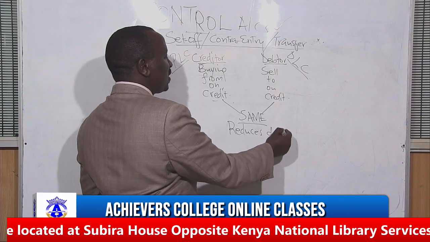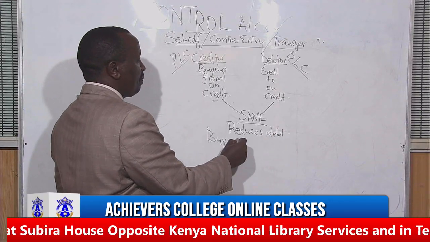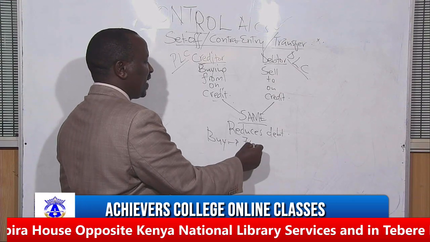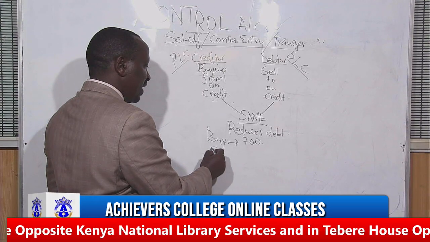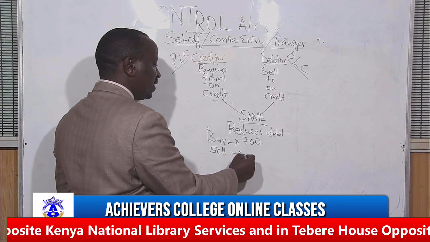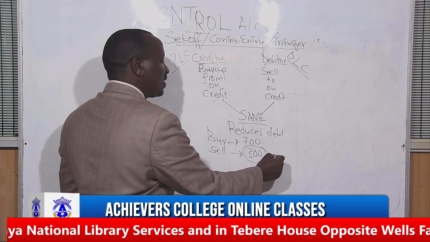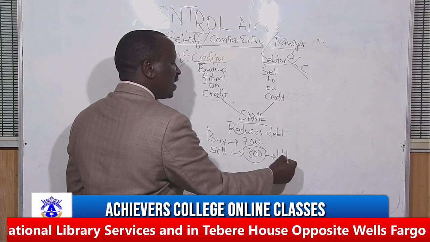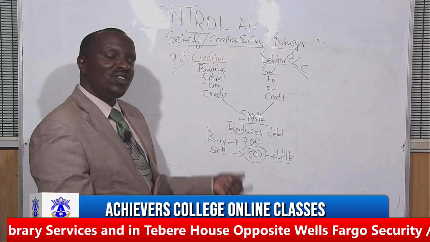If I buy from you 700 worth of goods, and I sell 300 worth of goods, then the lesser figure is the one that is used to set off.